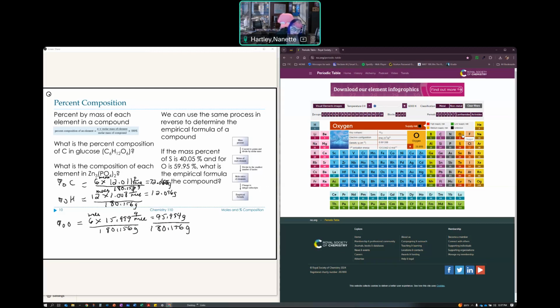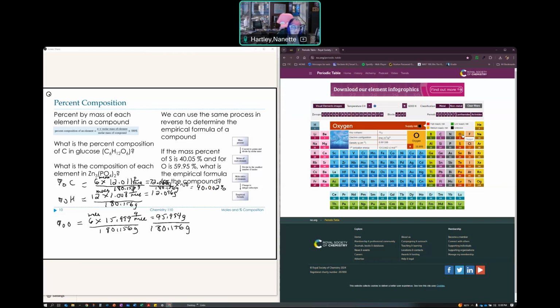So I'll take this number, divide it by that total, so 72.066 divided by the 180.156. Multiply that by 100, because that's what the formula says. And that tells me this is 40.002%.